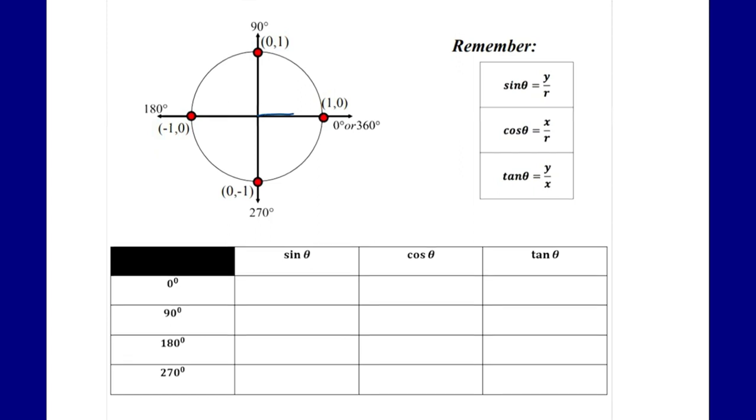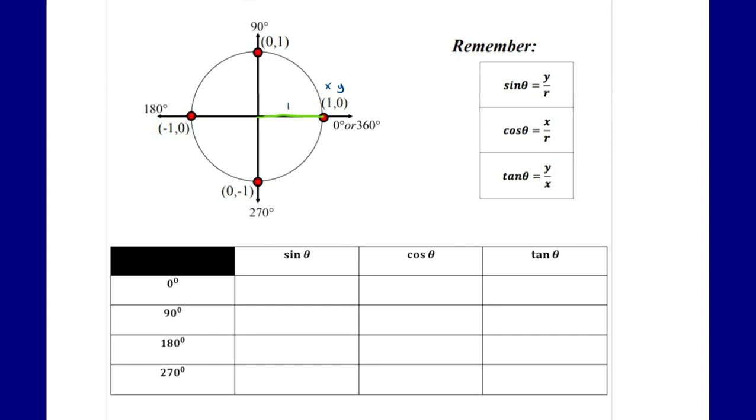So the first one, an angle of 0. So basically going from our origin to 1, 0 or 0 degrees. So our x is 1 and our y is 0. In this case, sine theta is y over r. Well, if we think of r as the radius, because it's a unit circle, it is also going to be 1.